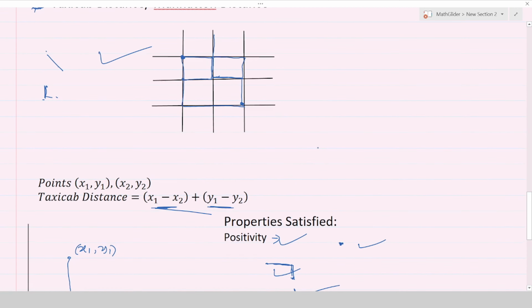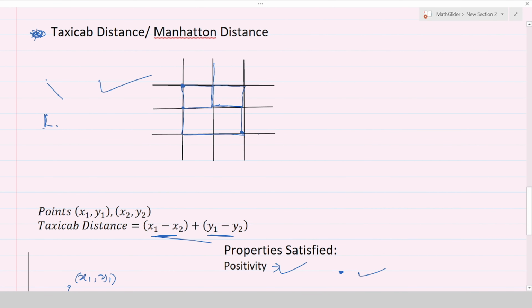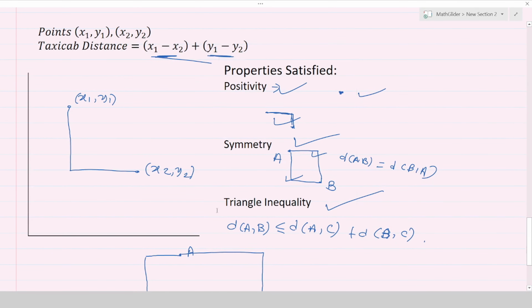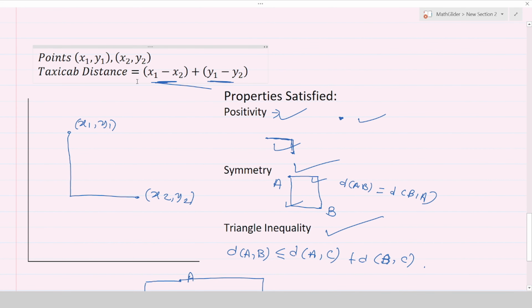So you saw this another weird kind of distance, taxicab distance, and it is defined as this. We take the absolute values of this. I forgot to mention that earlier, but you may ask, can it be negative?